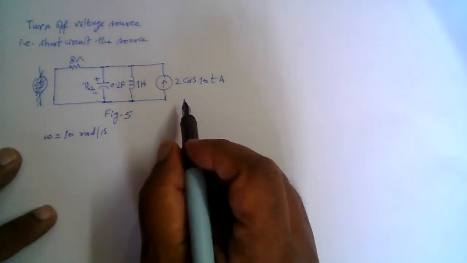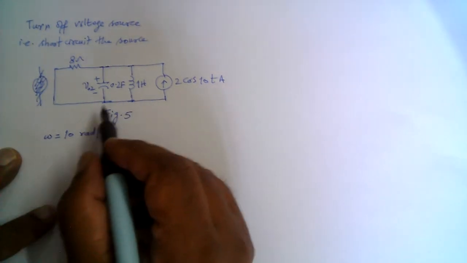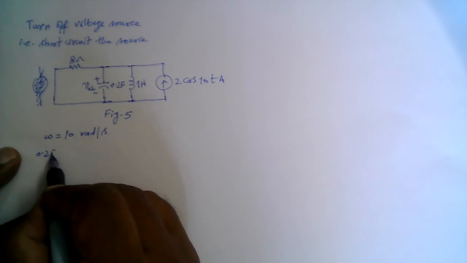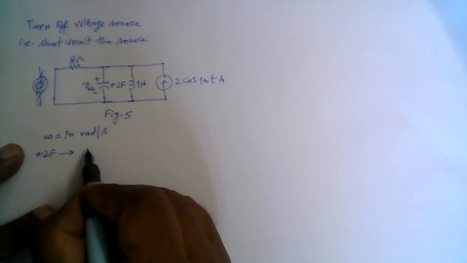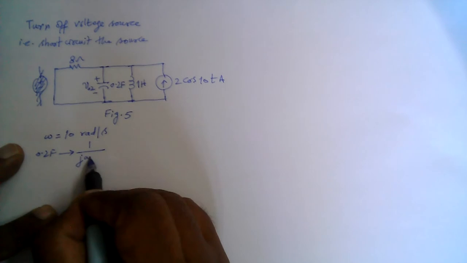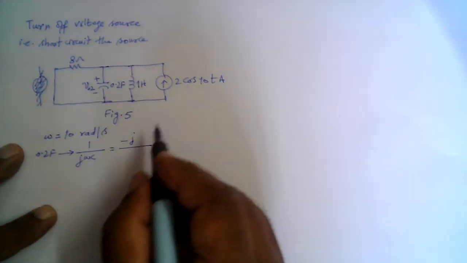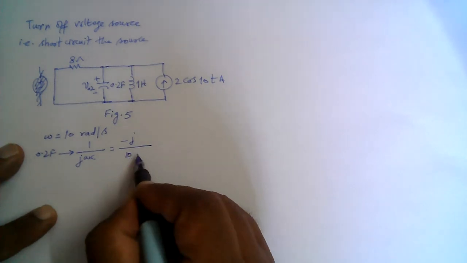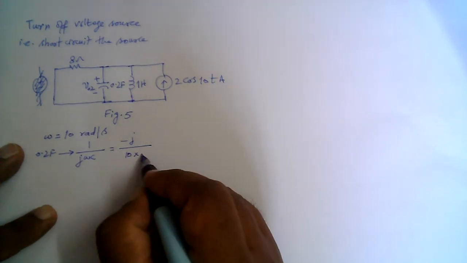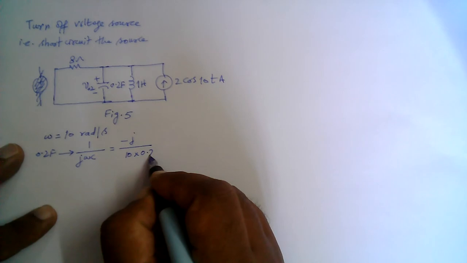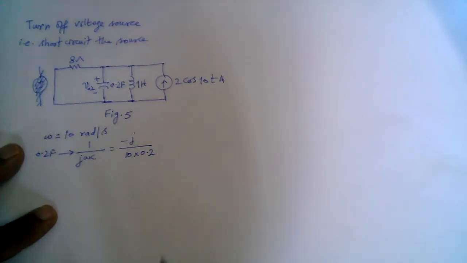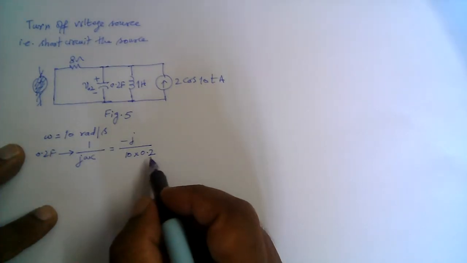Omega is 10 radians per second, and so the 0.2 farad capacitor will be 1 over j omega C, which is minus j over omega, which is 10, times 0.2. So 10 multiplied by 0.2 is 2.